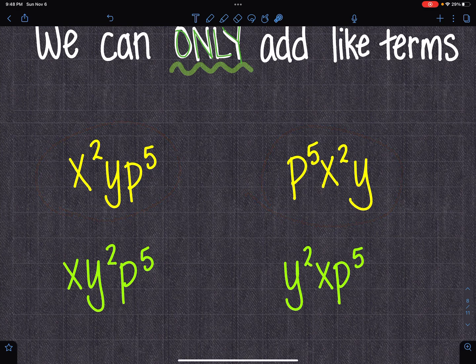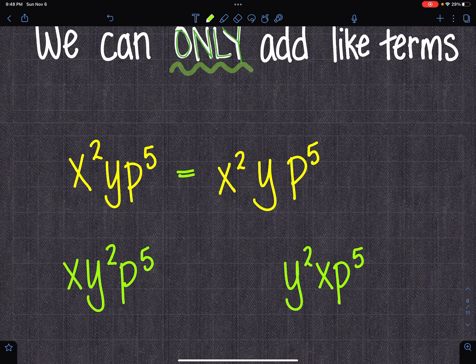Why are they like terms? Because the p is raised to the 5, the x is squared, and the y is by itself. So you can rearrange this to look exactly like the other answer. See, this is the same as this. It's just rearranged.